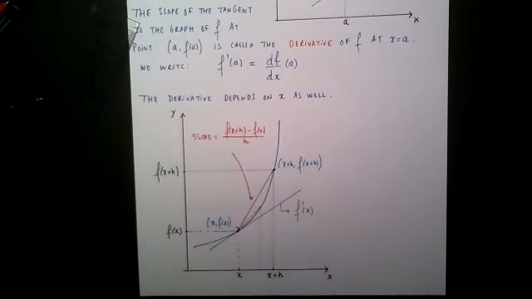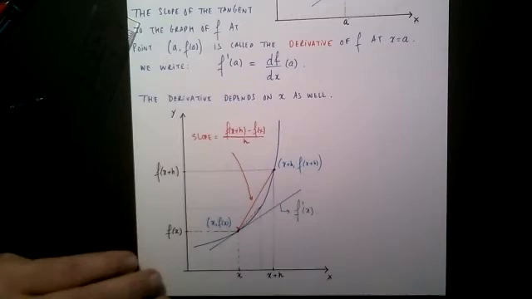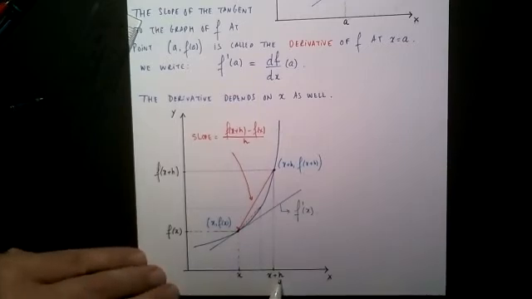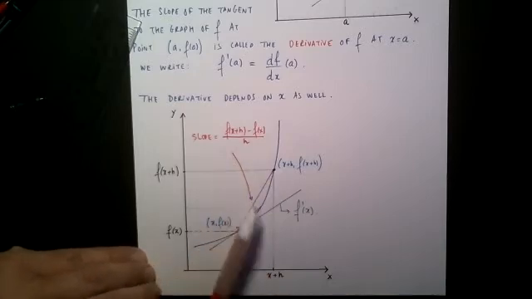It's very important what I just did. The fact that I took h a bit smaller, h is this distance, so the fact that I took my second point a bit closer to the x makes the slope of this line a bit closer to the green. You understand?